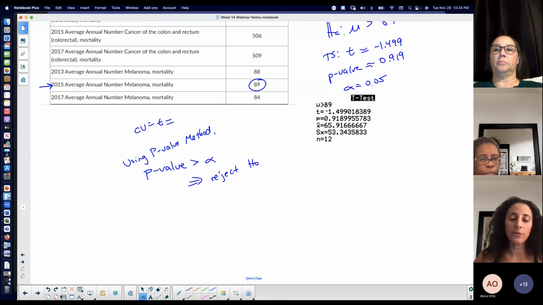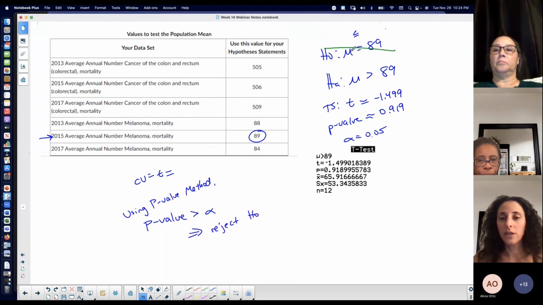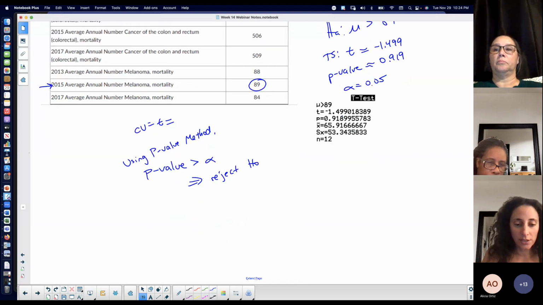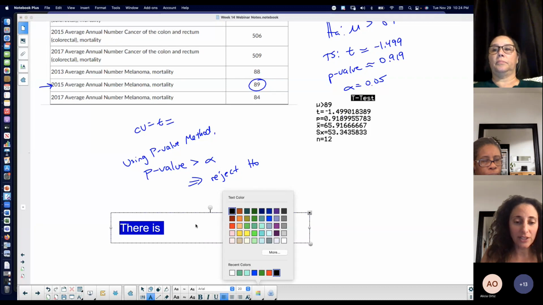And therefore, if I'm rejecting the null hypothesis, I'm supporting the alternative. This is all standard, repetitive stuff that you've done.